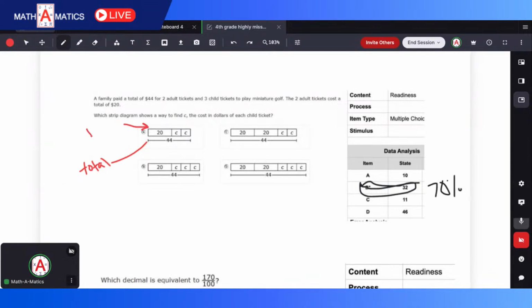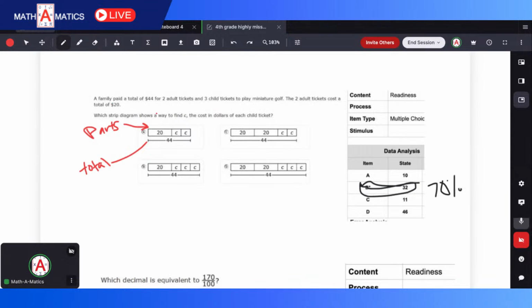So it's very important that our students understand those two concepts right there. That your parts or pieces are always at our top, and then our total is always at the bottom. Whether we're multiplying, adding, subtracting these items, our parts are at the top, our total is at the bottom.